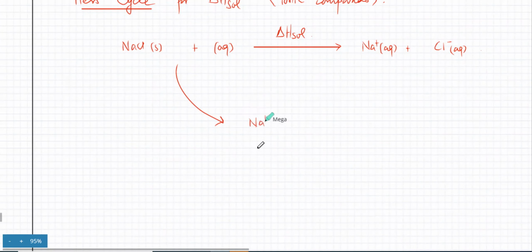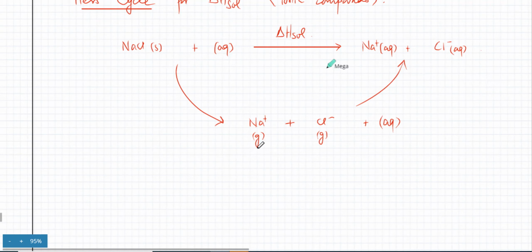So the sodium ions and the Cl- ions are now separate, not aqueous. Right now I've just broken the lattice, so they're in gaseous state, and they would immediately attract water molecules. And when they attract water molecules, they're going to turn into aqueous ions.